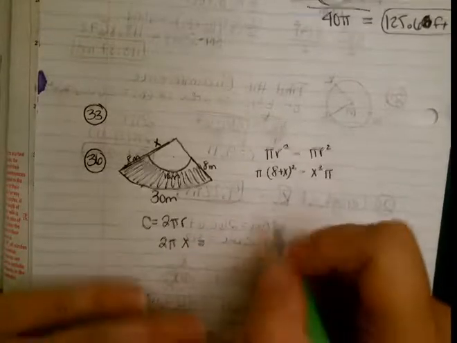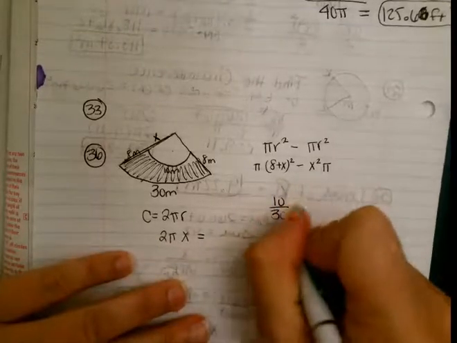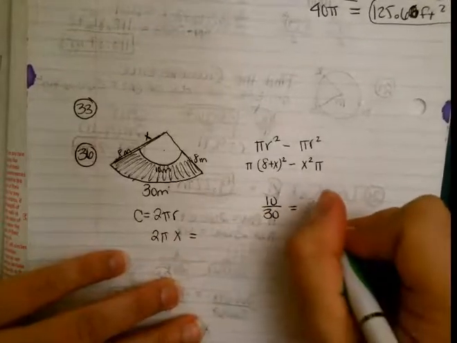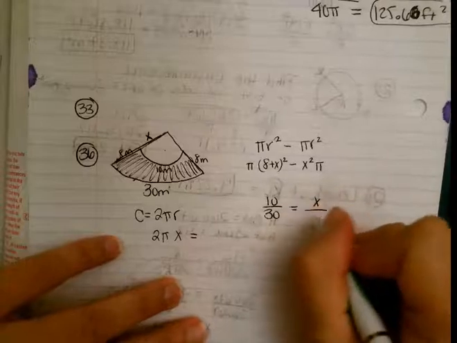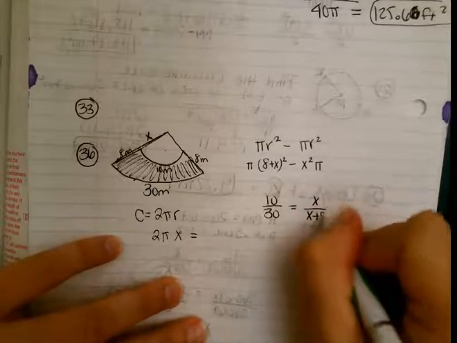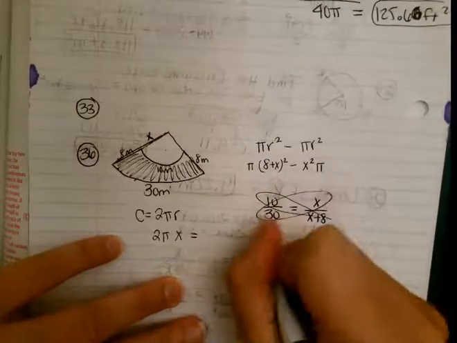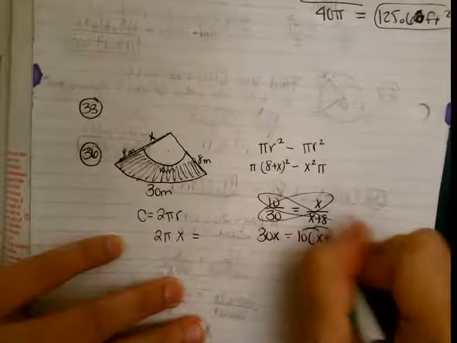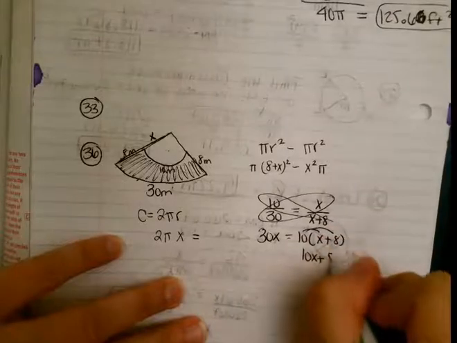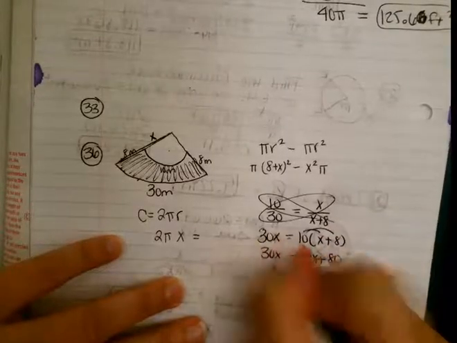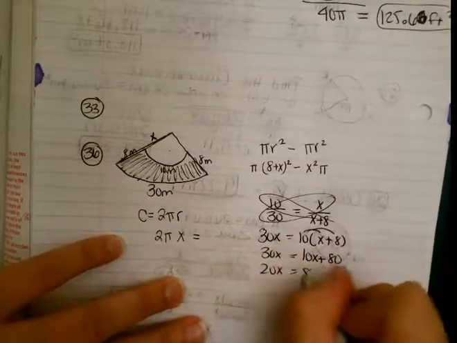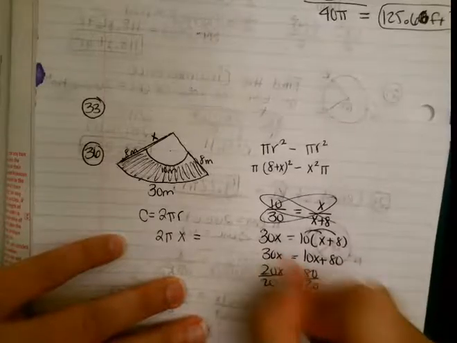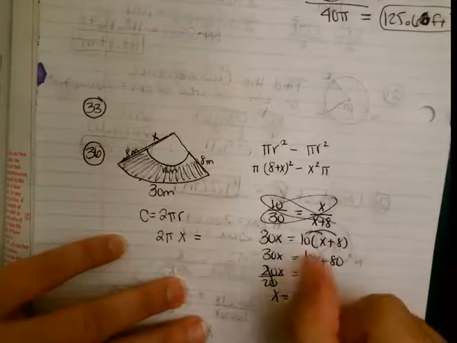We could do this. 10 is to 30 as x is to x plus 8. 30x equals 10 times x plus 8. 10x plus 80 is 30x. Minus 10x, 20x equals 80. Divide by 20. x equals 4.